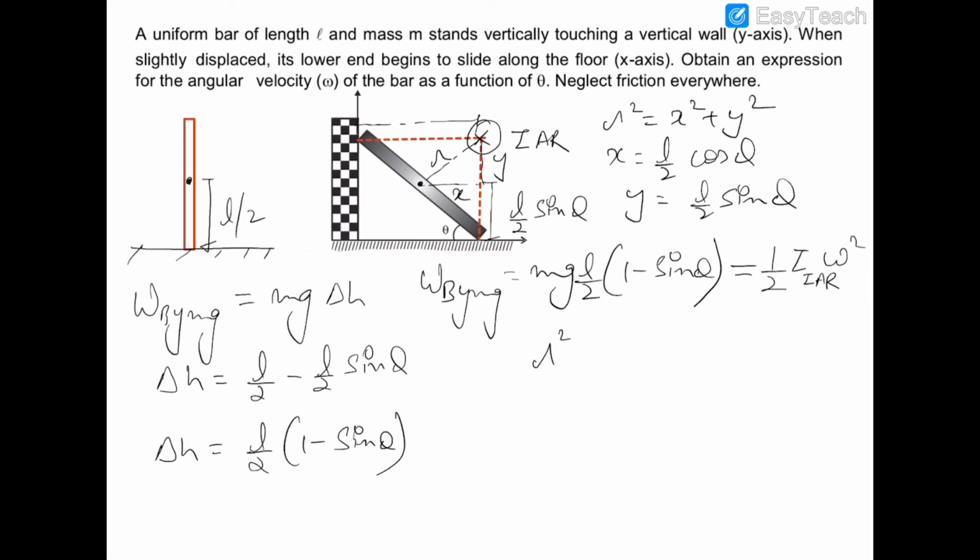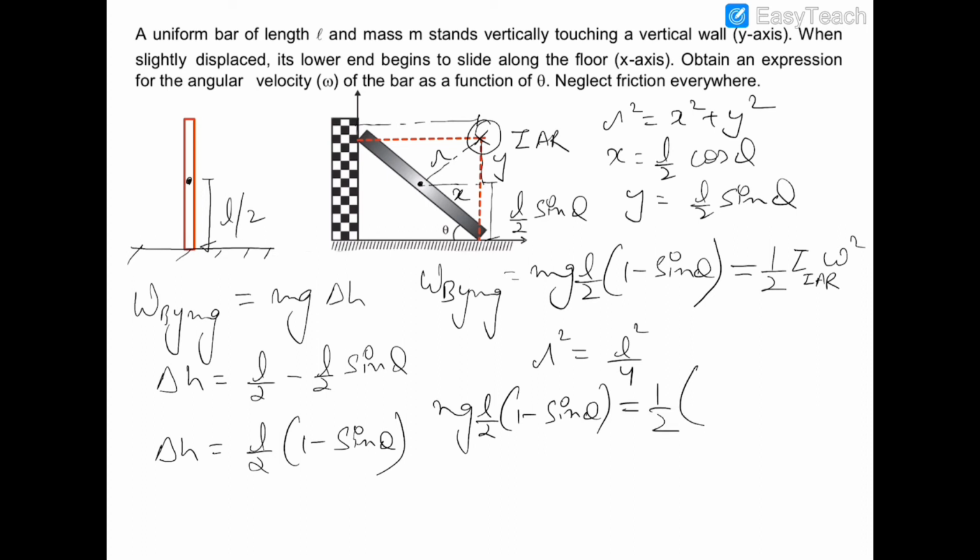So r square will be equal to L square by 4. So this is mg L by 2 into 1 minus sin theta, which will be equal to half I about IAR.